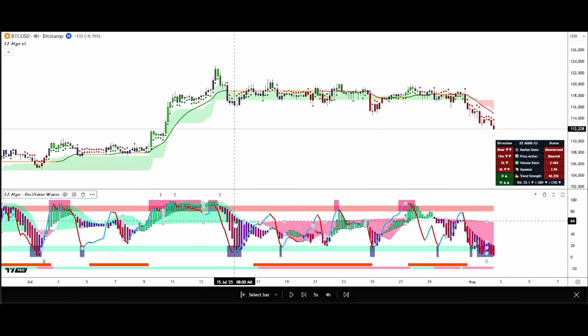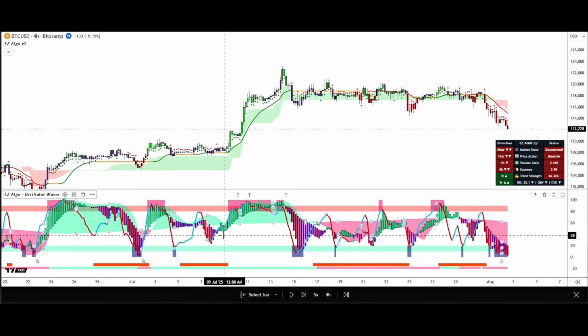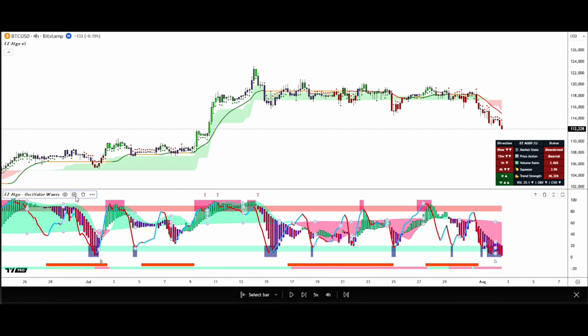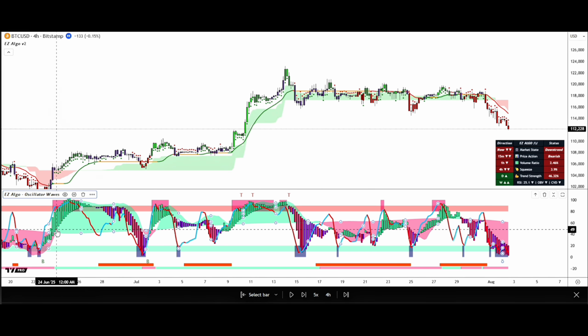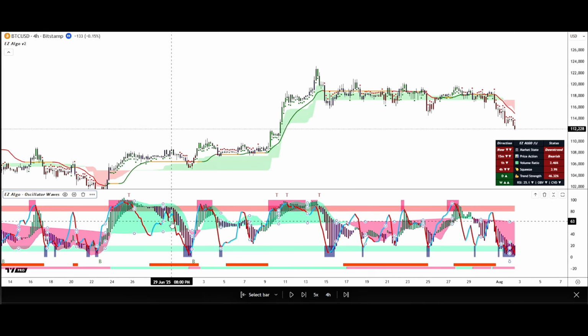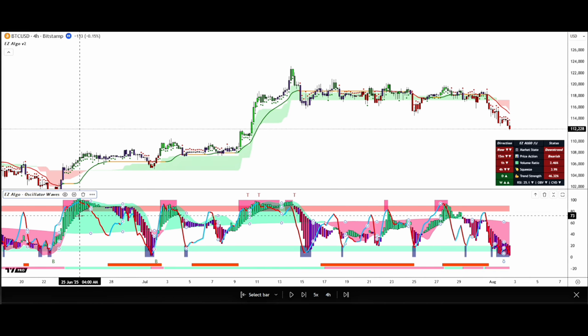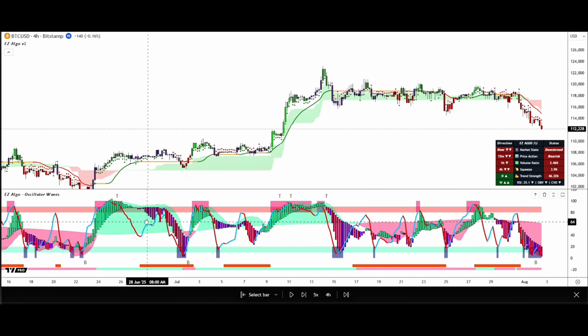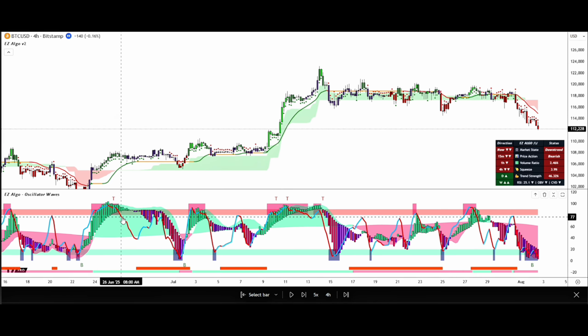Now, to add more confluence to this, we also have our oscillator overlay, which is just a cloud-based system that tells us the higher time frame picture of price. Basically telling us if price is going to be moving up overall, or is it moving down. Now, when this cloud is green, all that's telling us is that our momentum candles are going to be a bit stronger.